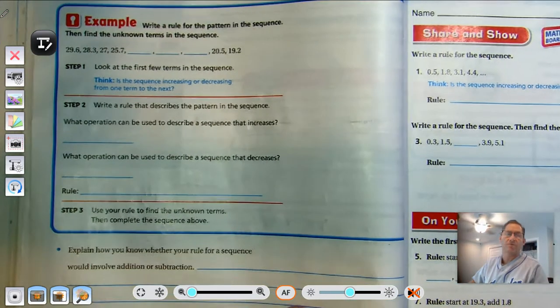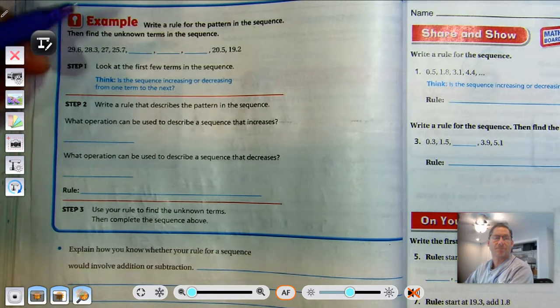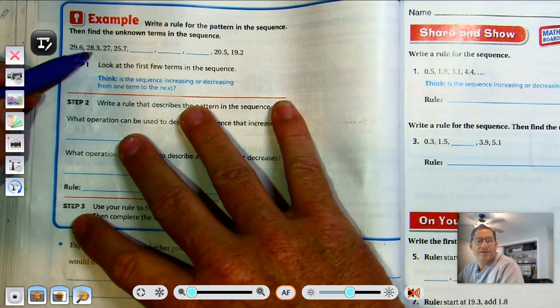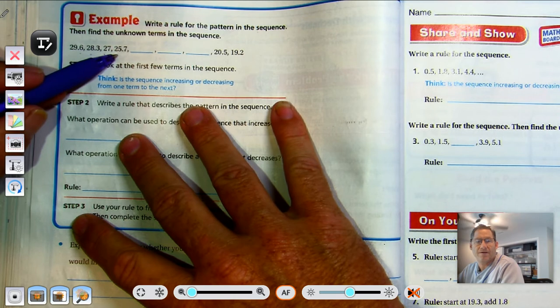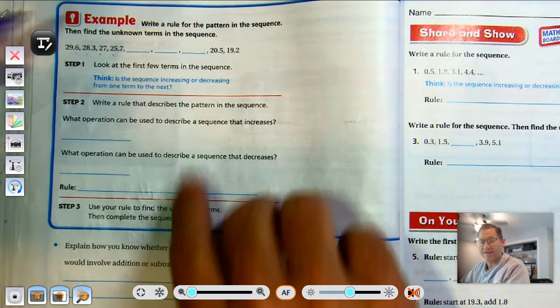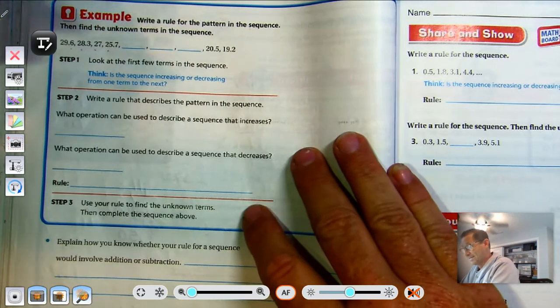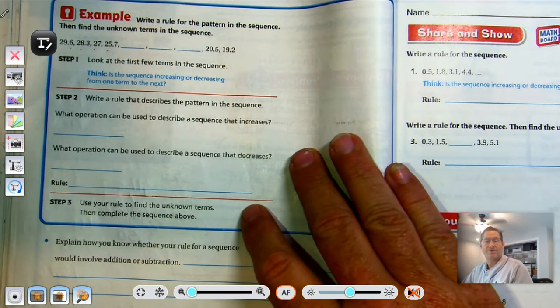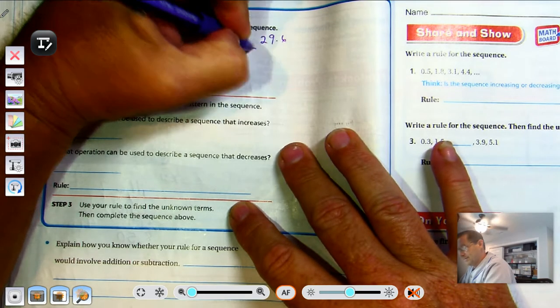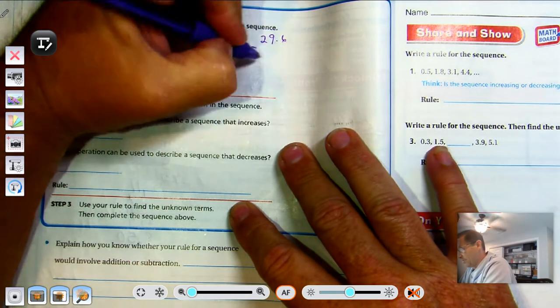All right, write a rule for the pattern in the sequence. So we're going from 29.6 to 28.3 to 27 to 27.5, 20.5, 19.2. So they're getting smaller, right? So we're decreasing. So how much are we decreasing by? Well, let's see. 29.6 take away 28.3.